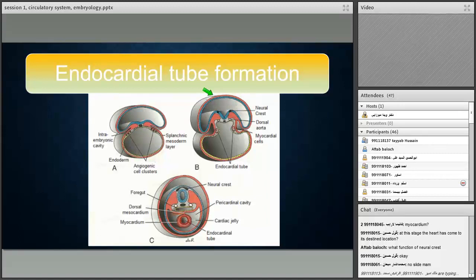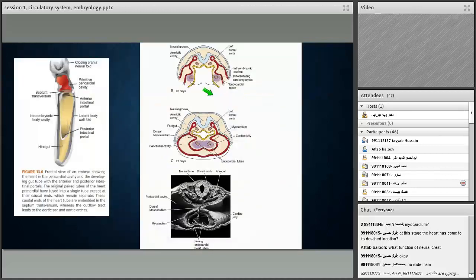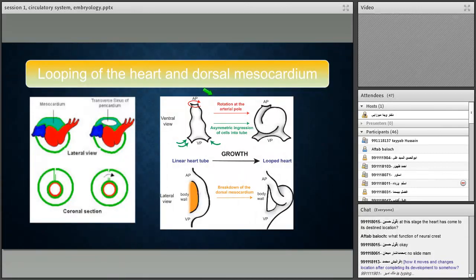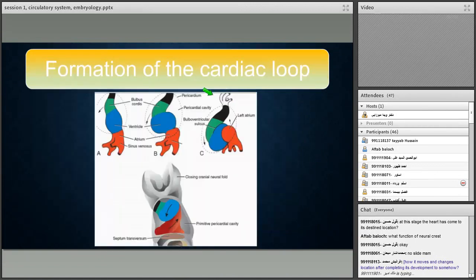Now about the endocardial tube formation. The heart tube, how it moves and changes location after completing its development. I said by the embryonic folding, craniocaudal and lateral folding, the heart is moving into its final destination.